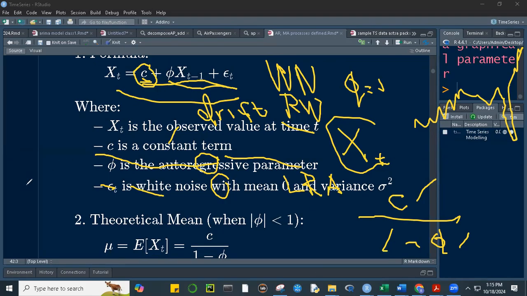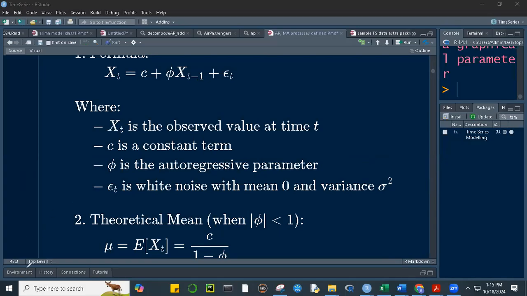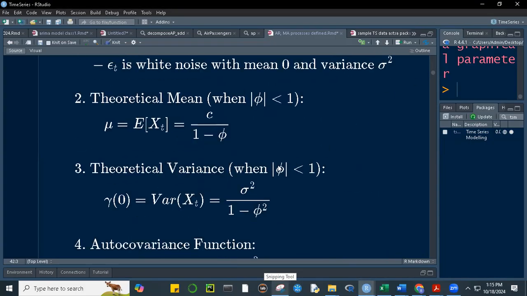Okay, so you can also compute for your theoretical variance, but we'll not discuss that much. So this is your theoretical variance, and it's equal to sigma squared, the variance of your time series, divided by 1 minus phi squared. So the variance can also be computed.